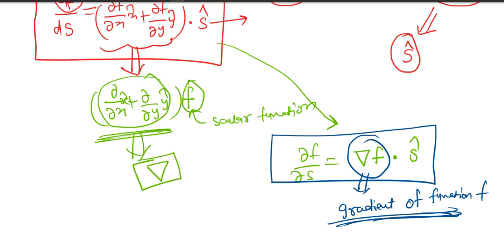Okay, so this is our gradient we were discussing about, and this is the direction in which I am going and in which I want to find a change. So this is df by ds.